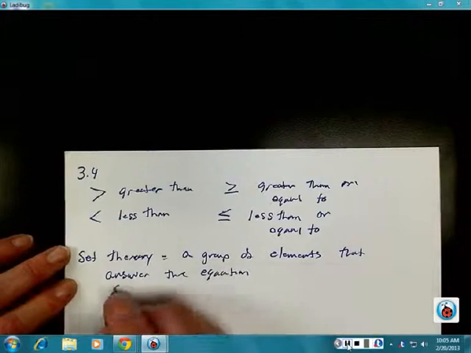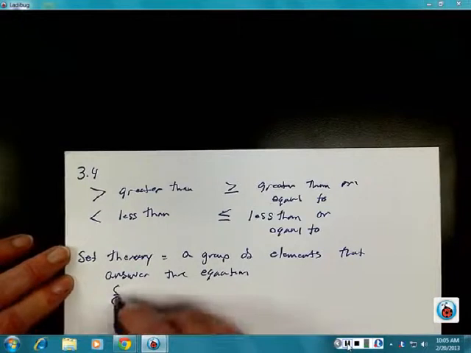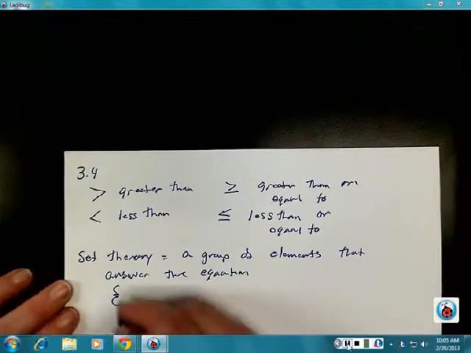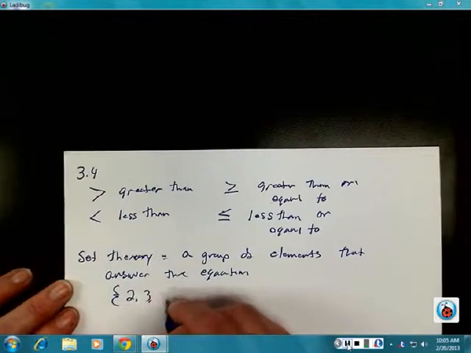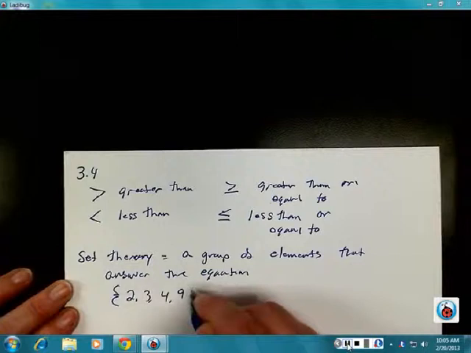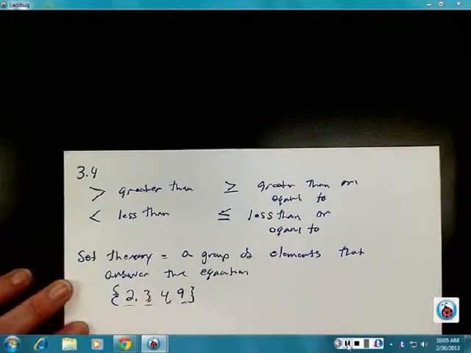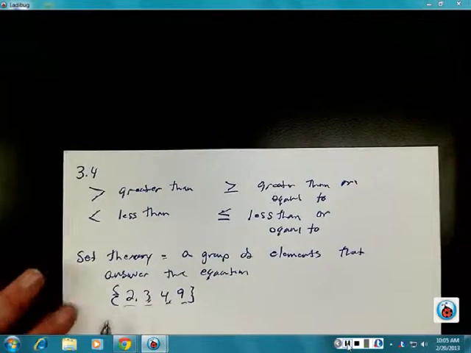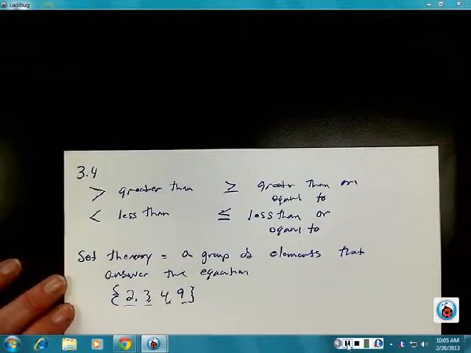And a set is listed with braces, so you have to be careful when you do these things in your Hawks that you use the braces for your set. So it might be the set of 2, 3, 4, and 9 might be the solutions that make your problem work out correctly. So you'd have all of those pieces in there that play a role for your answer of what your set happens to be.